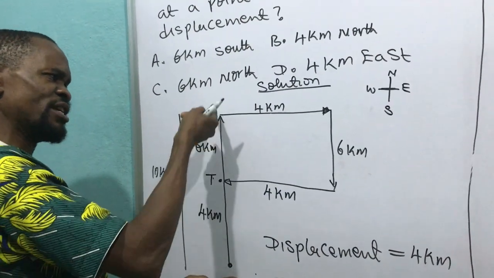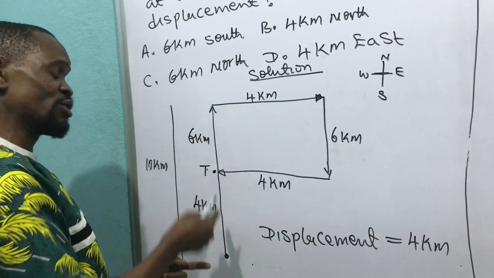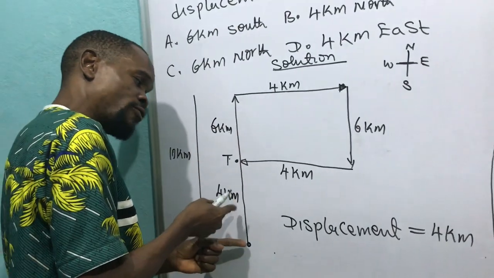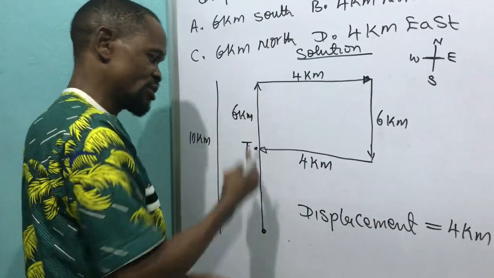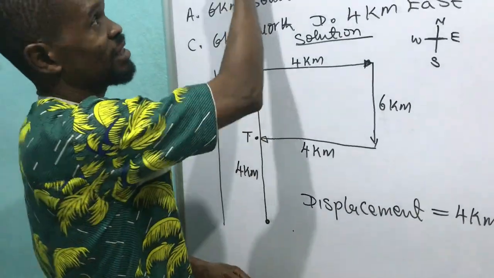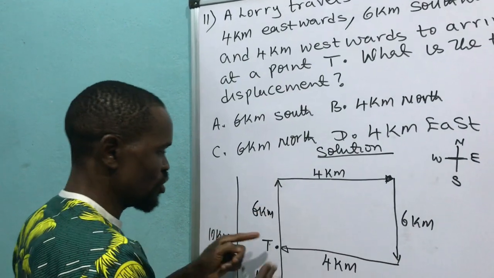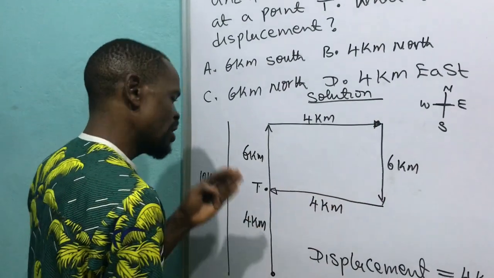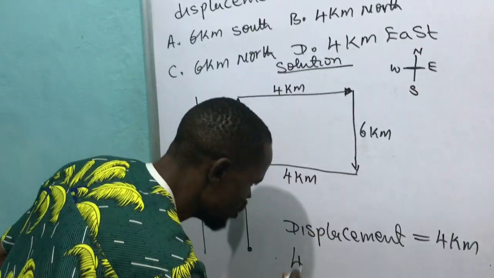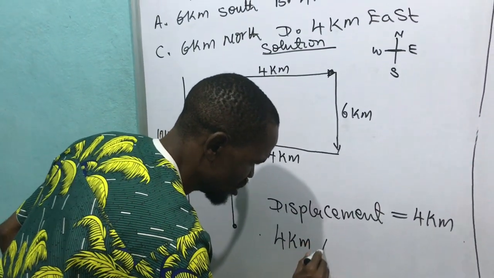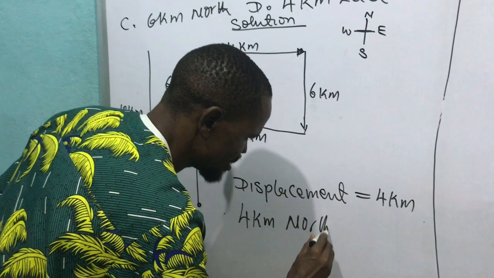Remember that it's moving this way, so it becomes 4 kilometers north. It's moving towards north. You remember 10 kilometers to north. So if this is out of the game, this one is also moving to the north. I was saying 4 kilometers north. That's the answer.